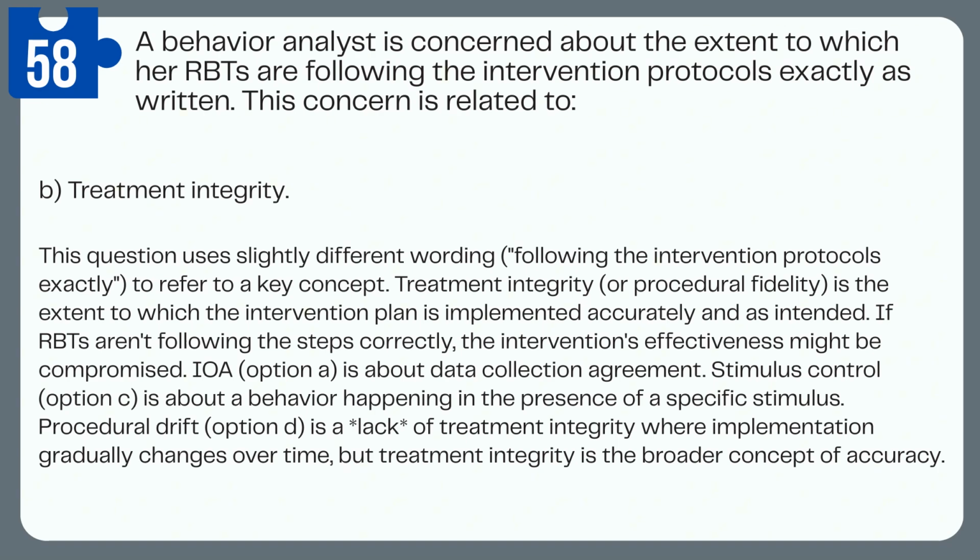IOA, option A, is about data collection agreement. Stimulus control, option C, is about a behavior happening in the presence of a specific stimulus. Procedural drift, option D, is a lack of treatment integrity where implementation gradually changes over time, but treatment integrity is the broader concept of accuracy.